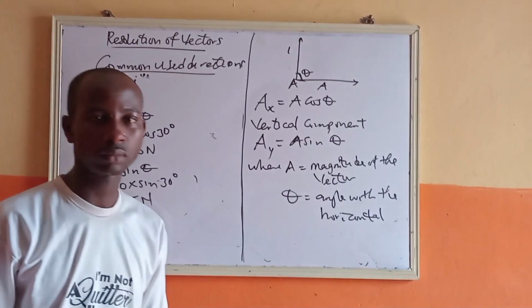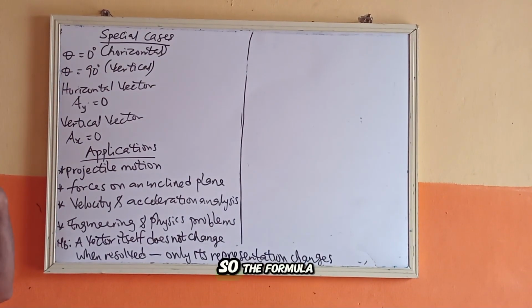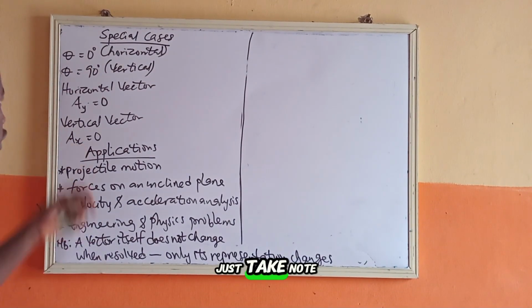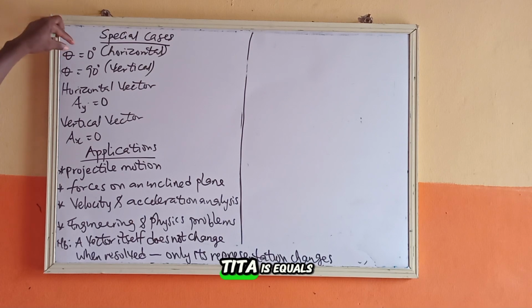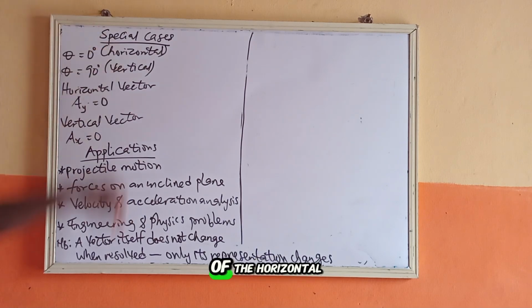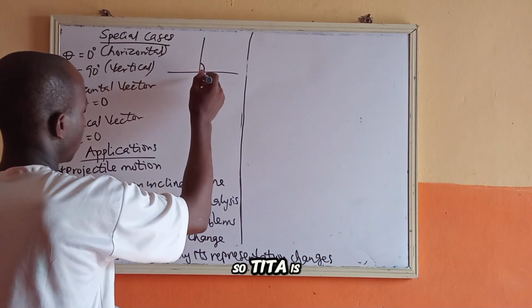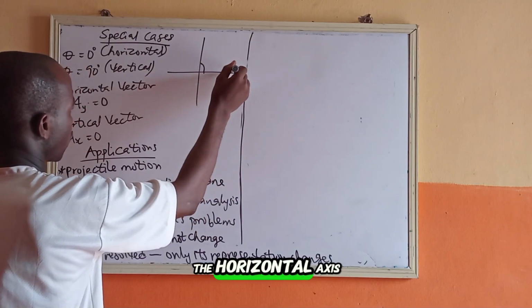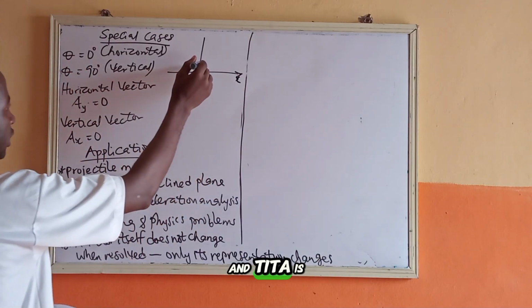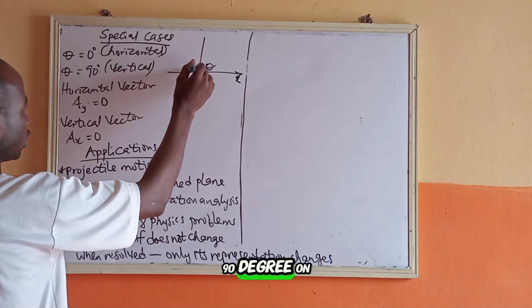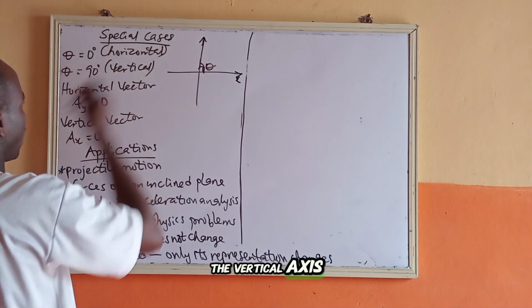Okay. Now the special cases, which you need to take note of. Theta is 0 degrees on the horizontal axis, and theta is 90 degrees on the vertical axis.